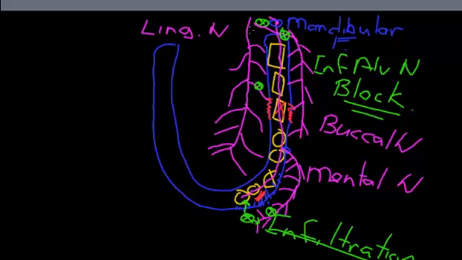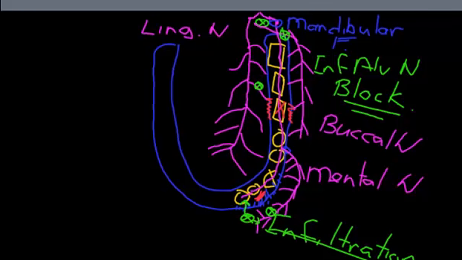However, if we are going to block the inferior alveolar nerve with this inferior alveolar nerve block, the good news is that the lingual and inferior alveolar nerve run very close together up in this last part up here. In fact, they are within 3 or 4 millimetres of each other.